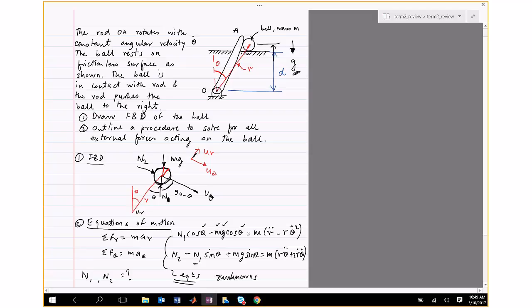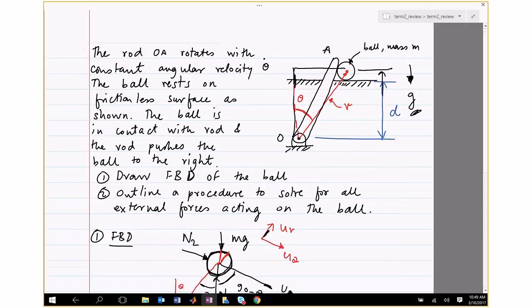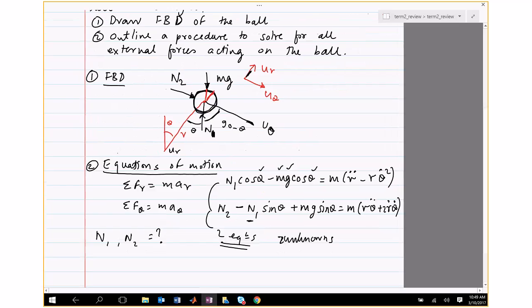So I can use the fact that r cosine theta, this distance, is D. So r cosine theta is D, right? And D is given to me. So I can write r equals D secant theta. Okay, and then I can find r dot, r double dot, right? Theta is given, theta dot is given, theta double dot is 0. It's moving with constant speed, so that's 0.